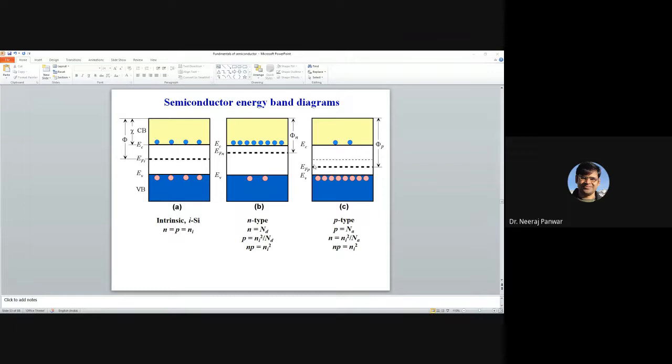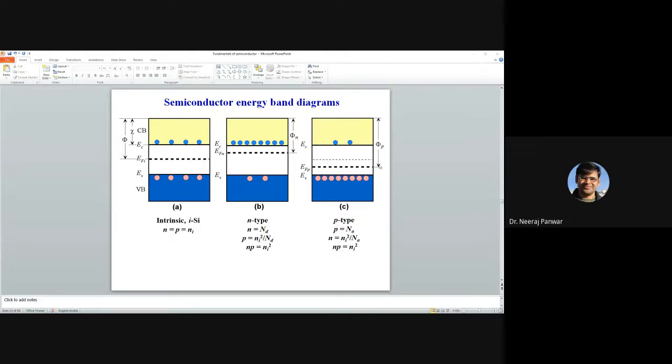And again, the Fermi level in a P-type semiconductor will be between the top of the valence band and the acceptor energy level. So you can consider this to be the acceptor energy level. So the Fermi level is in between the top of the valence band and the acceptor level.